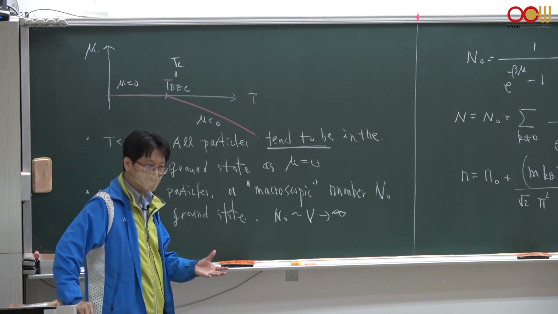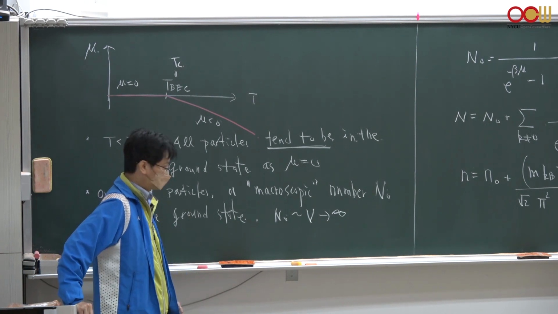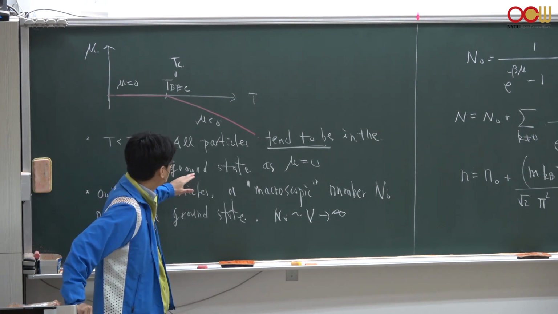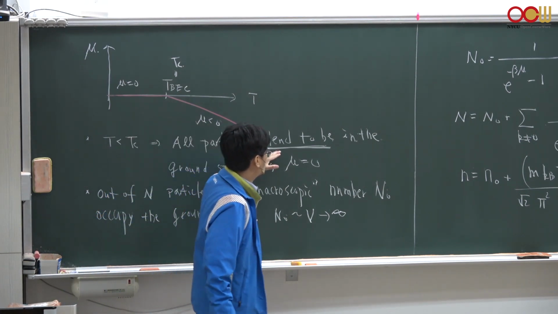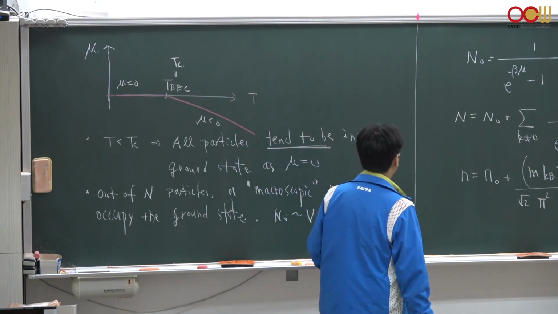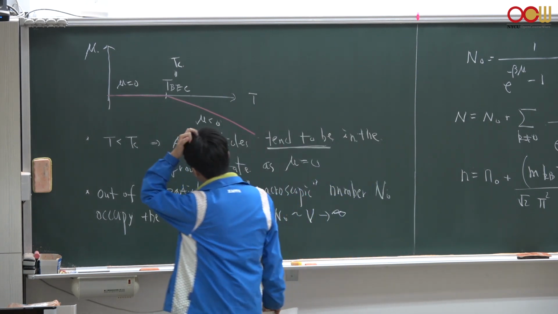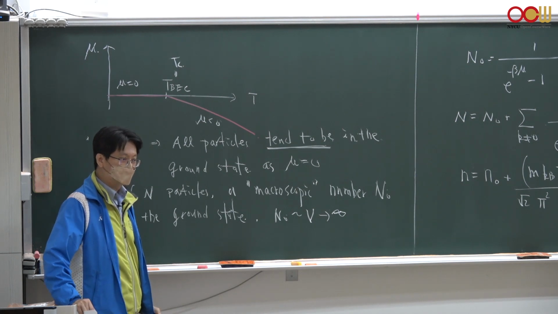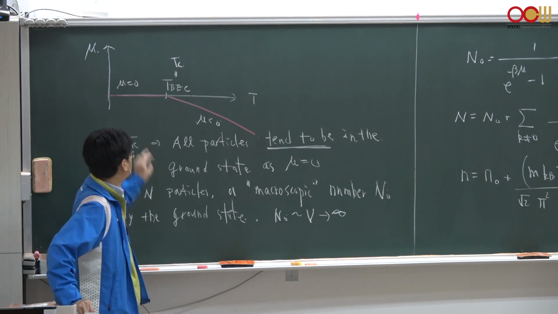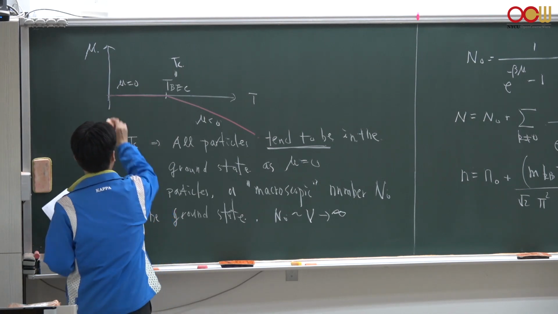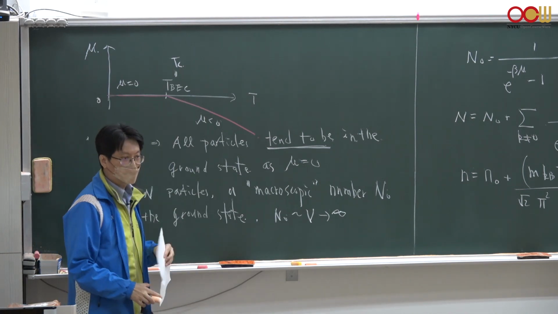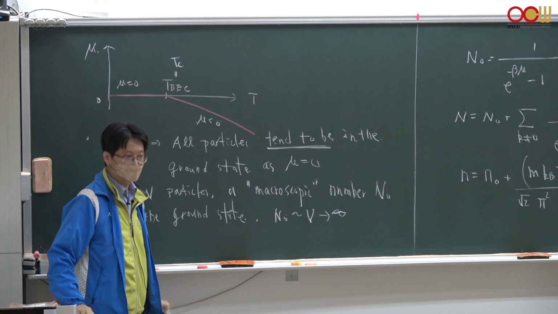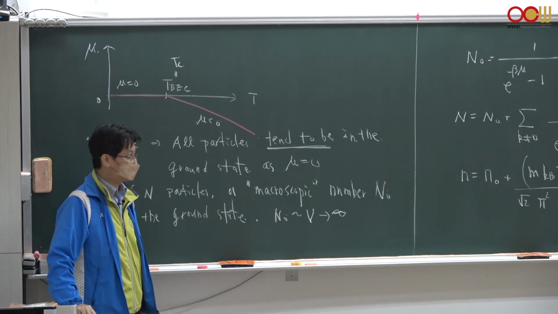That's what it means that all particles tend to be in the ground state. Of course, when the temperature really hits zero, all particles will occupy the ground state. That's for sure. But between zero temperature and T_BEC, a sizable percentage of bosons occupy the ground state, not all of them.